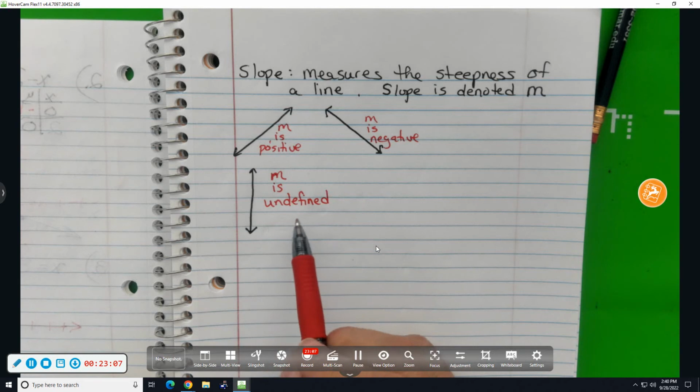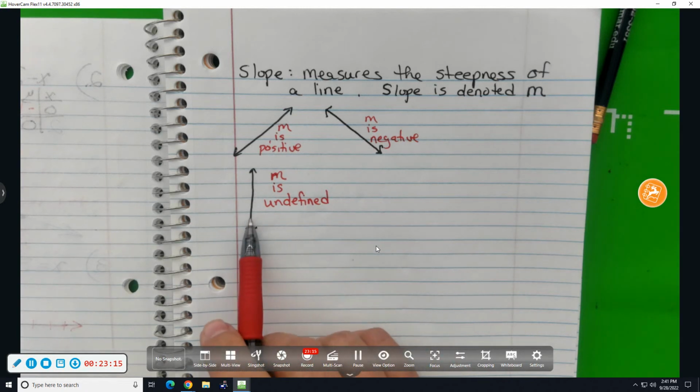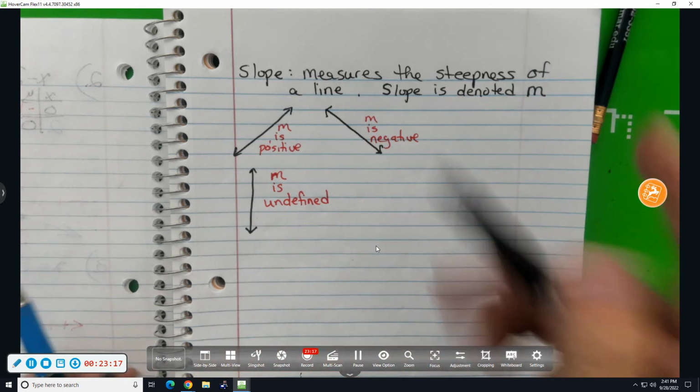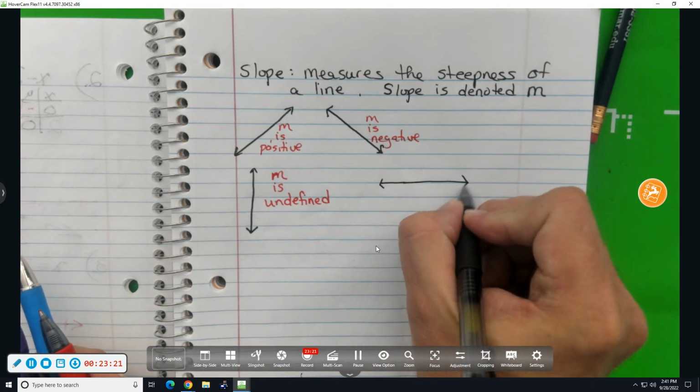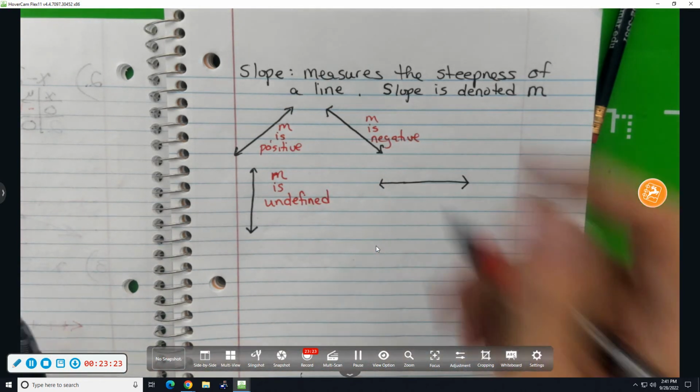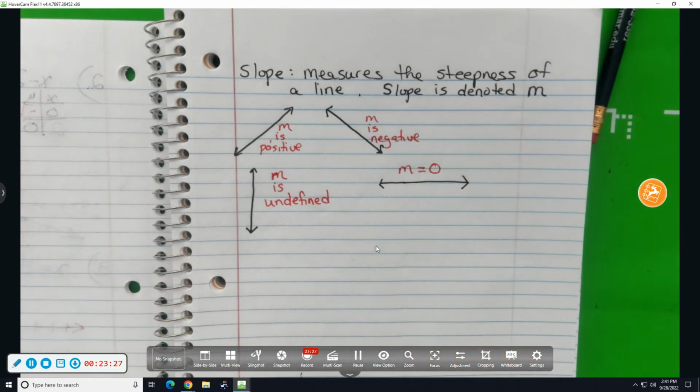And when is a fraction undefined? When the bottom number is 0. It's going to have something to do with that. And a horizontal line is not steep at all. Its slope is 0.